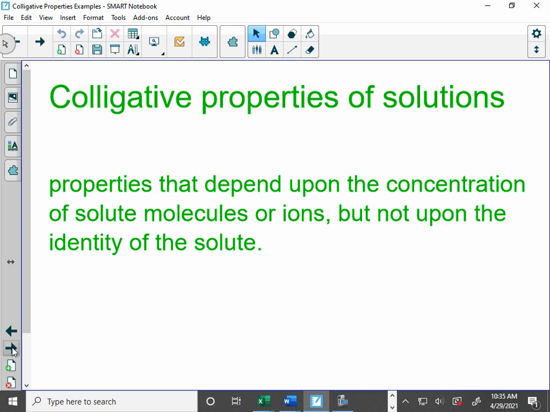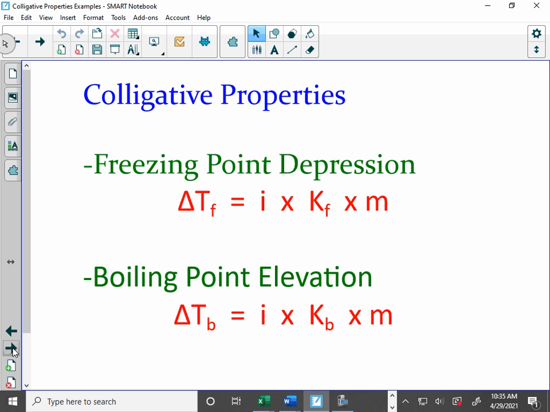Okay? So what we are going to do is some calculations to see how much the freezing point goes down or how much the boiling point goes up. And we're going to do so by using these two equations.